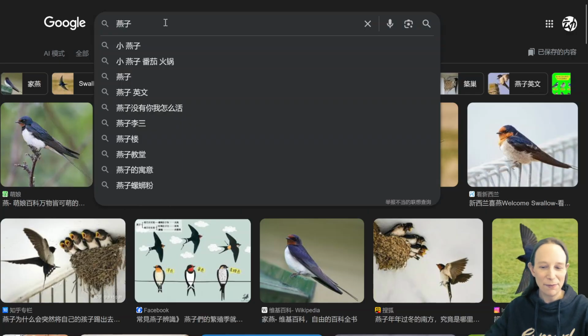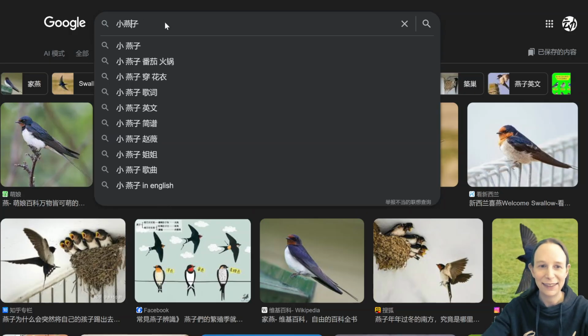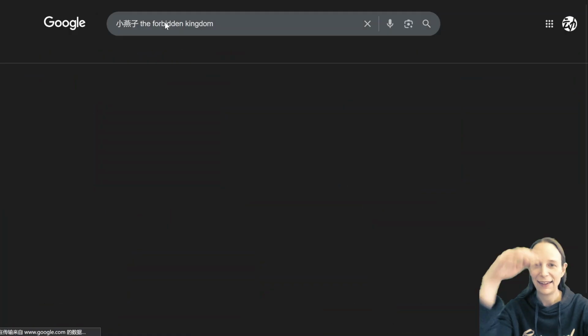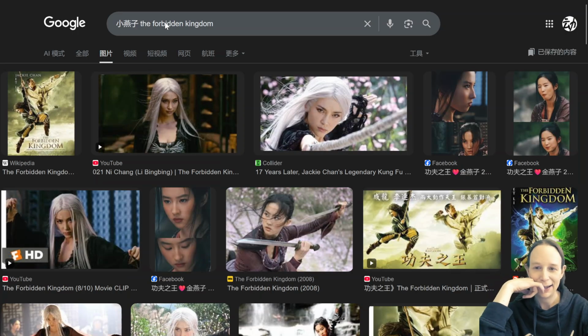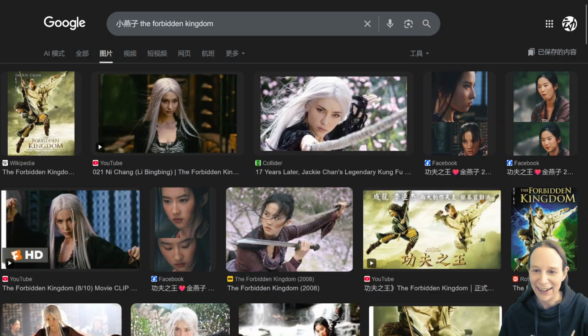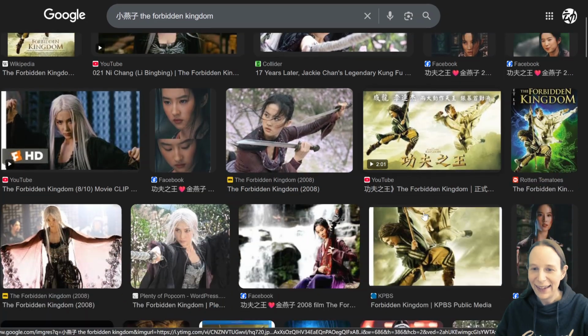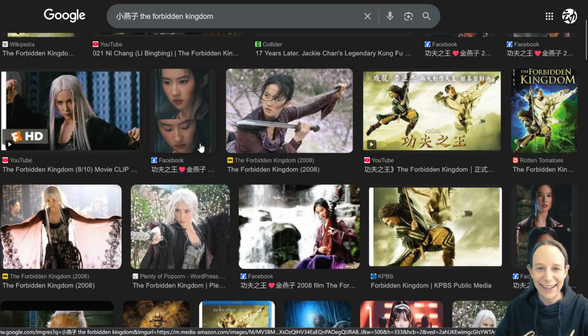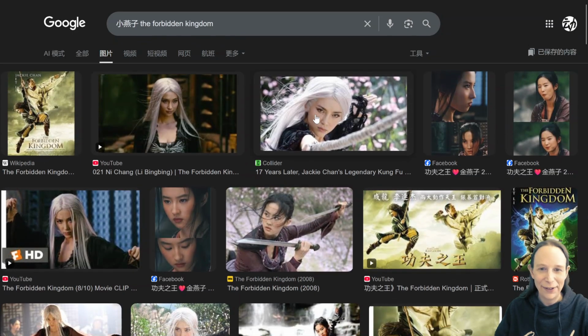Do you remember the movie The Forbidden Kingdom? I really like this movie. So this is Jin Yan. She used it in her name. Just seeing Jet Li and Jackie Chan, Chenglong, Li Lianjie. Who are the other ones?